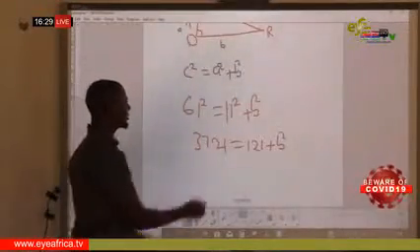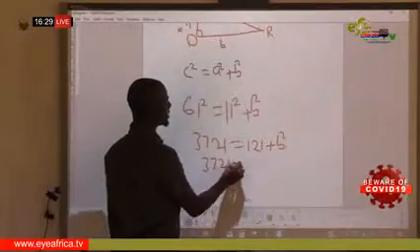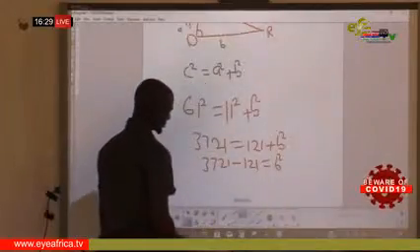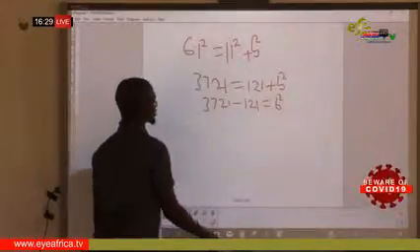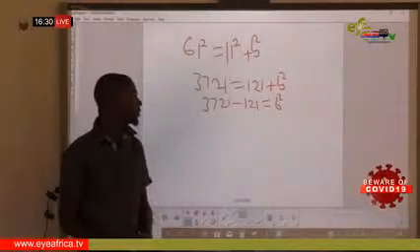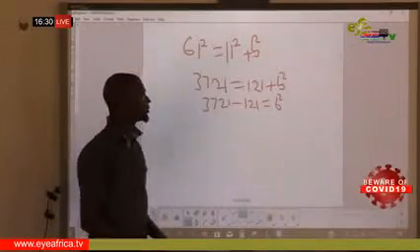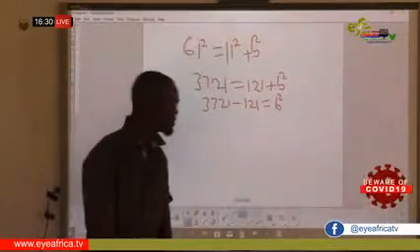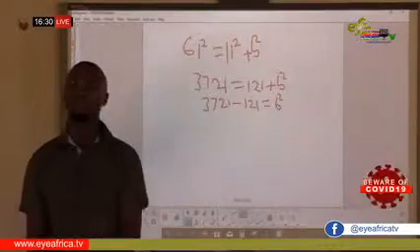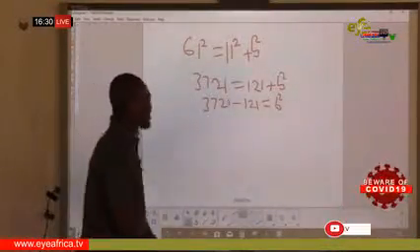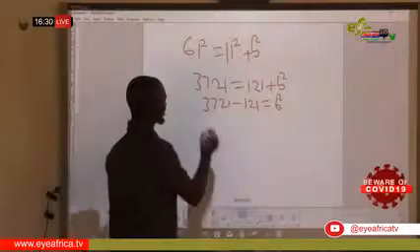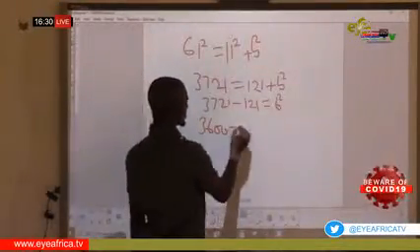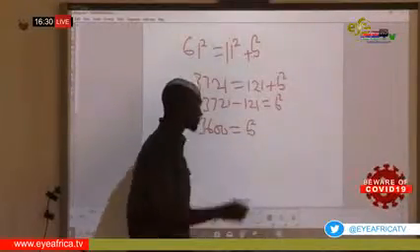So we will have 3,721 minus 121, which gives us B square. If you subtract 3,721 minus 121, that will give you 3,600. So 3,600 equals B square.